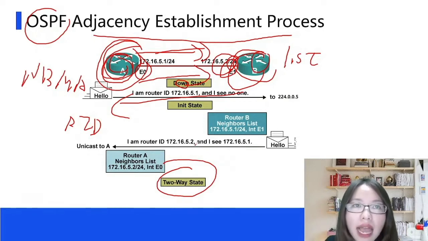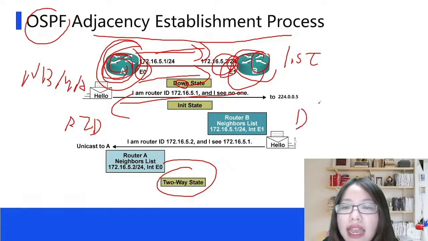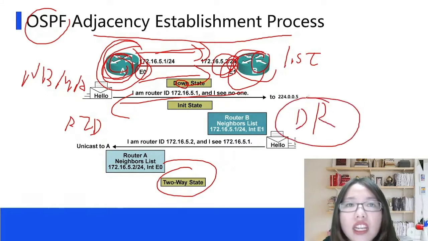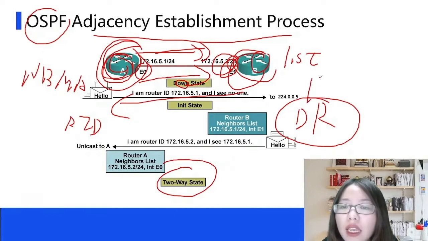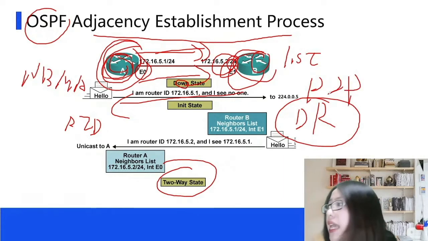After entering the two-way state, it will confirm whether to conduct the designated router DR election according to the link of different network types. Point-to-point types don't have this process.